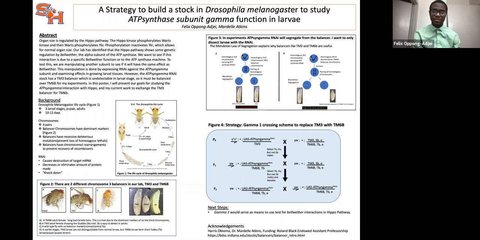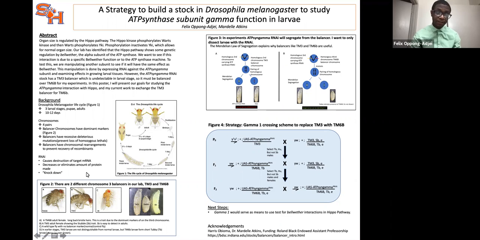Those are clever ways to ensure that our balancer chromosomes are still active in our genetic population, because they have dominant markers, and those dominant markers allow us to see the genetic information we're looking for based on the phenotype of a fly or larva.